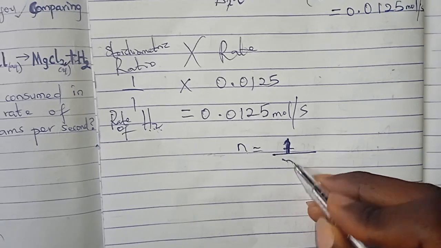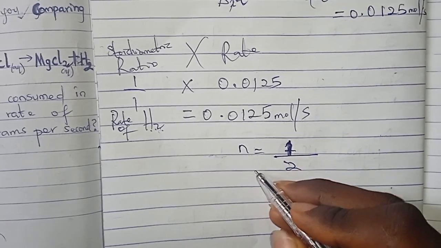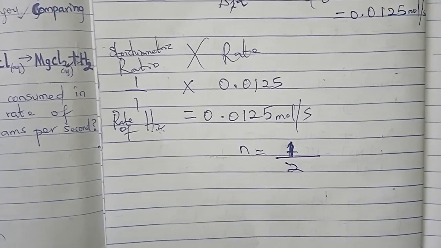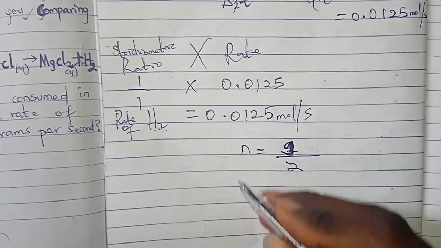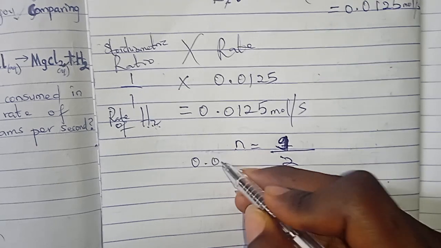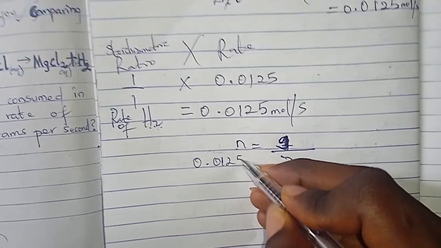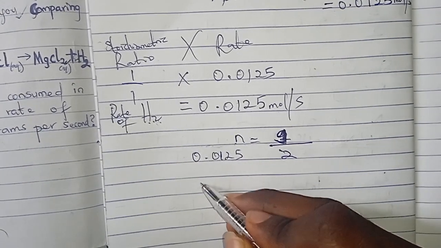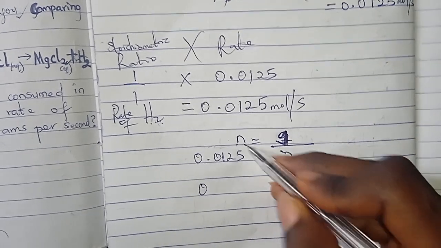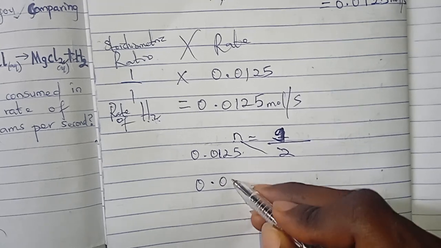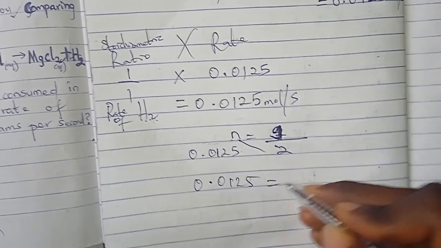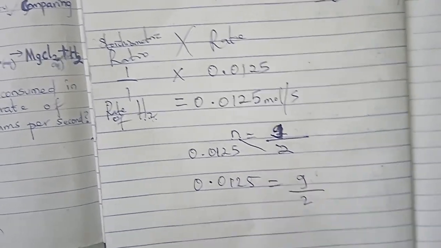Then they say we should find it in grams. We know the mole, this one is 0.0125. So let's do it this way, 0.0125 equals gram over 2.